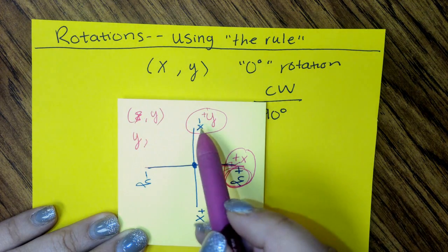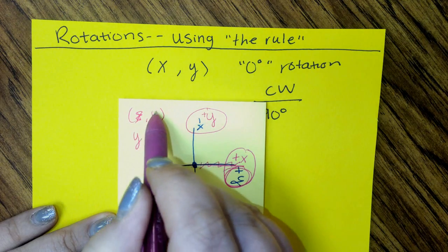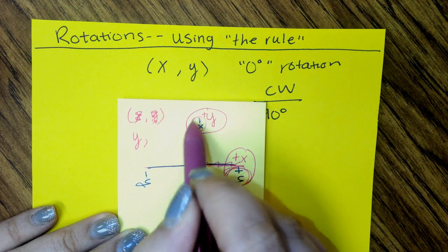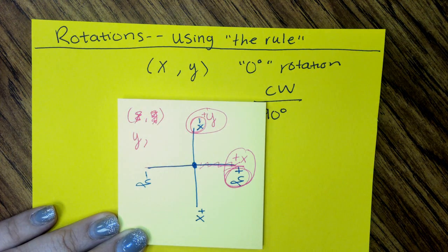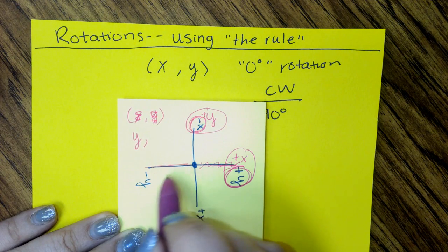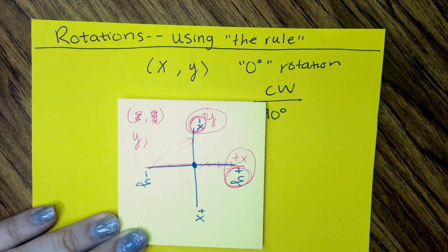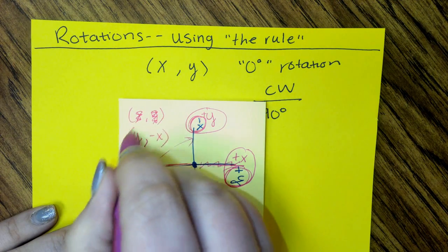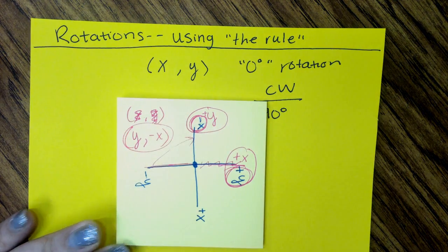In place of the y value, we're going to use the original x value, but we're going to make it opposite, because the negative or opposite x values is now where my y-axis is. So that's how we got that rule.